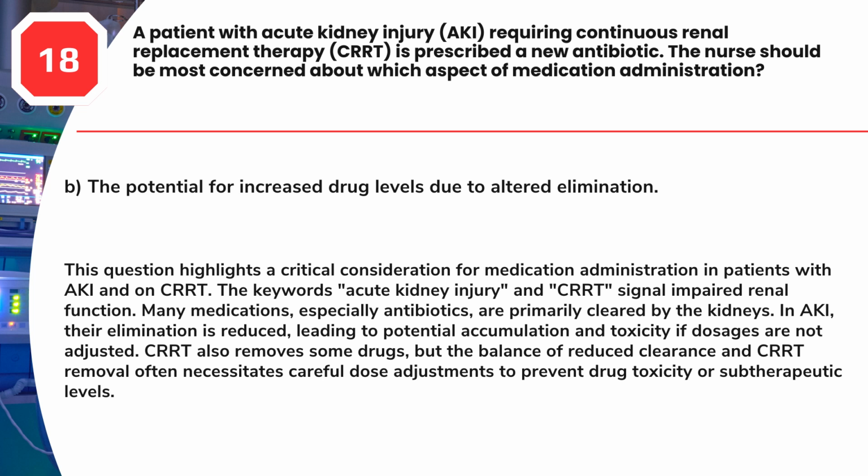In AKI, their elimination is reduced, leading to potential accumulation and toxicity if dosages are not adjusted. CRRT also removes some drugs, but the balance of reduced clearance and CRRT removal often necessitates careful dose adjustments to prevent drug toxicity or subtherapeutic levels.